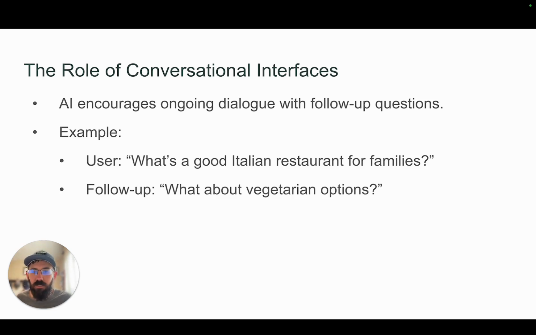As an example, we're looking at Italian restaurants for families, and then if we ask about vegetarian options, it's already going to know that we're looking for Italian restaurants. If we specify the city, it will already know that. In Google, we would either need to make one really long search, or we need to narrow it down ourselves within that search as we're searching in Google.